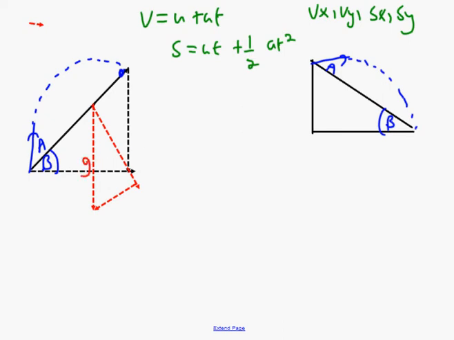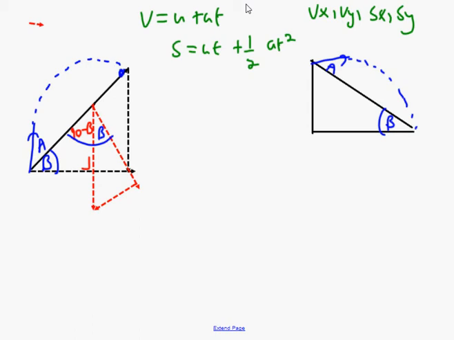Now, before I did that, if you zone in on this triangle here, that has to be 90 degrees. Therefore, that's 90 minus beta. This here has to be 90 degrees, which makes that beta.